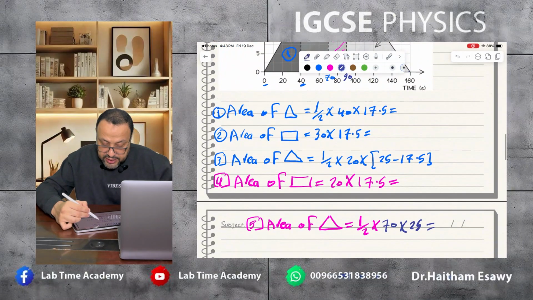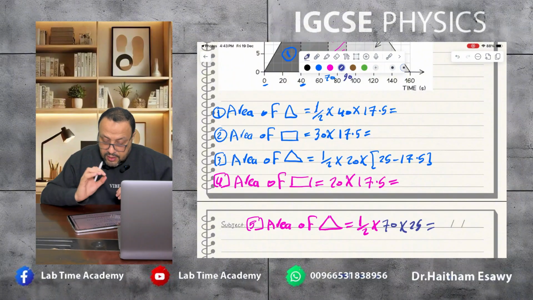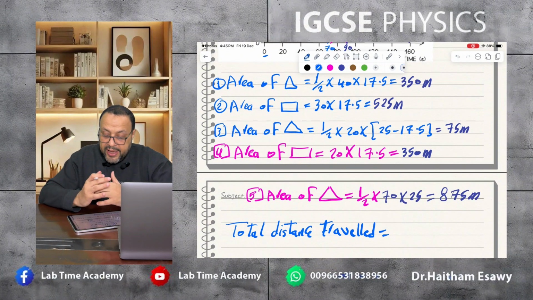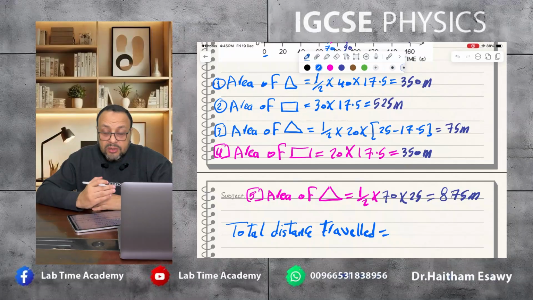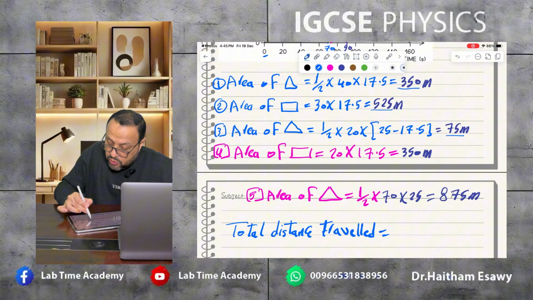You can calculate each one of them and then add them together to obtain the final answer. So as you see, we can add them together to obtain the total distance traveled. So we have 350, we have 525, we have 75, we have 350, we have 875.